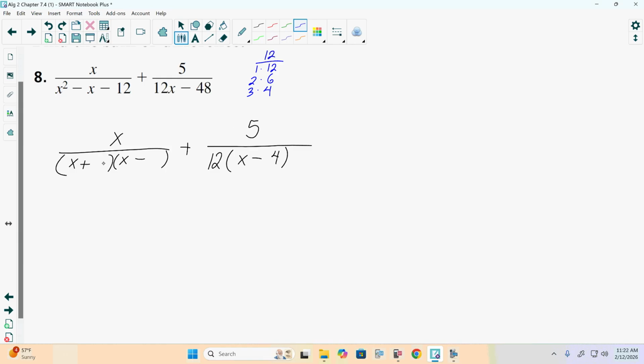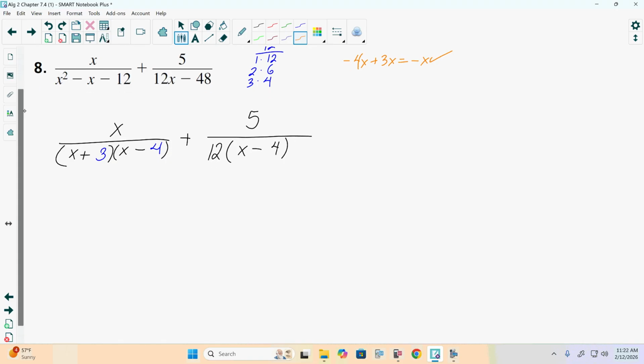Because if it is 3 and 4 and the 4 is negative, we already have something in common on both sides, which means that's one less factor I have to multiply both sides by. And if we check this, x times negative 4 would be negative 4x. 3 times x is plus 3x, telling us that we do have the negative x middle term that we wanted.